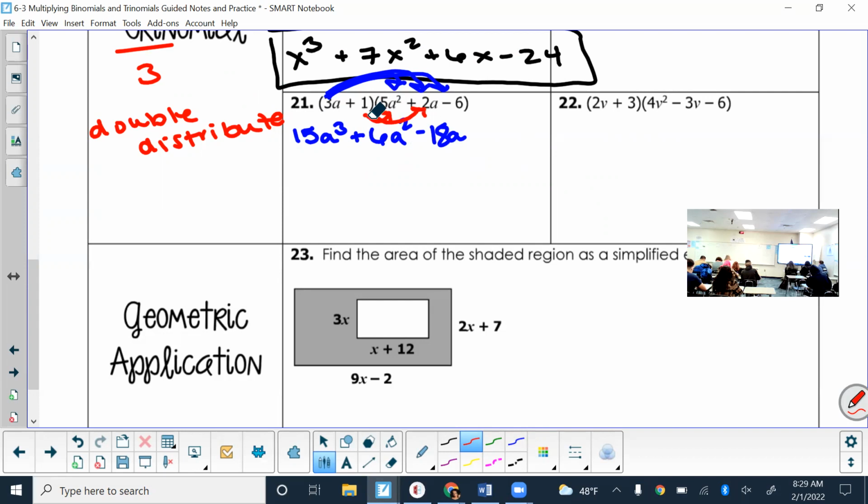Distribute the other number from the two-term expression. So in this case, it's the 1. So what's 1 times 5a squared? Good, and since it's positive, make sure you put plus 5a squared. What's 1 times 2a? Good, and what is 1 times negative 6?